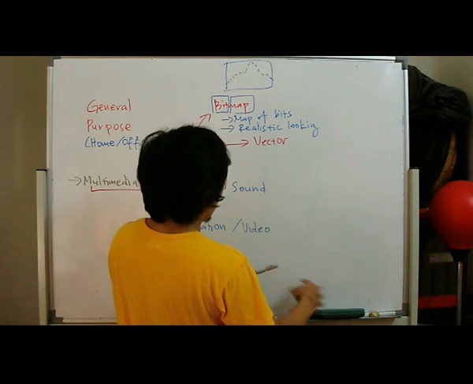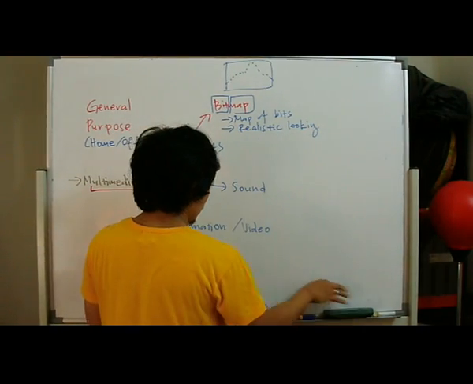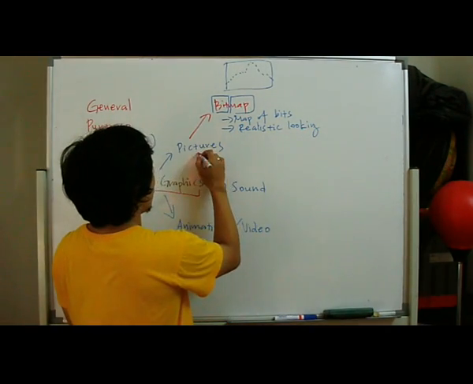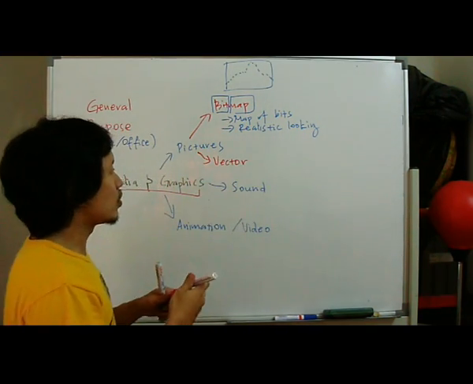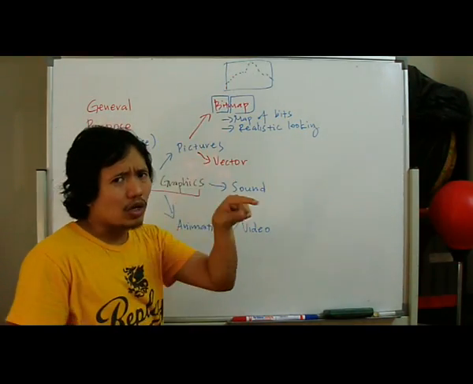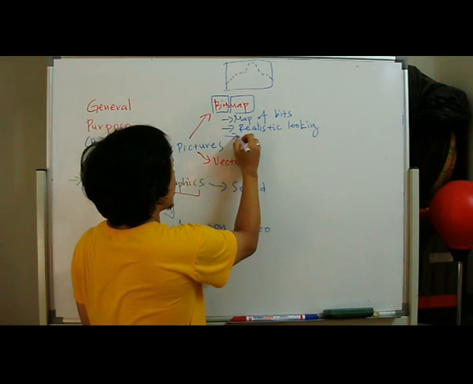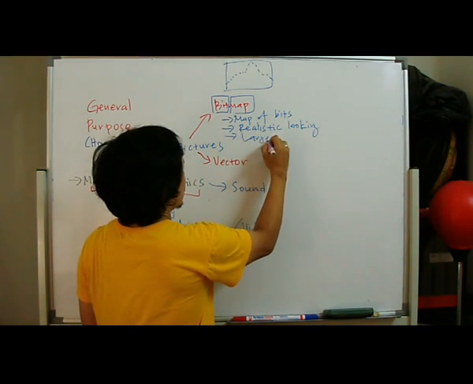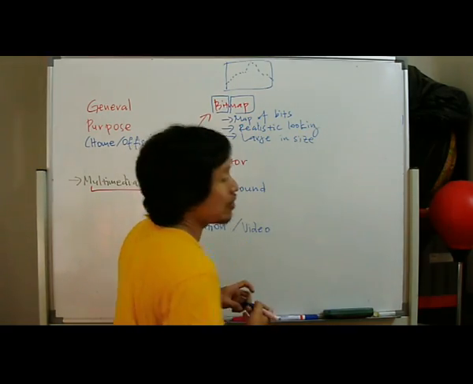I'll just write vector slightly down here so we can differentiate better. So vector will be written here. It looks realistic, but because we need to control all the little dots one by one, what happens is that these images tend to be large in size. This is of course relative to your other files.